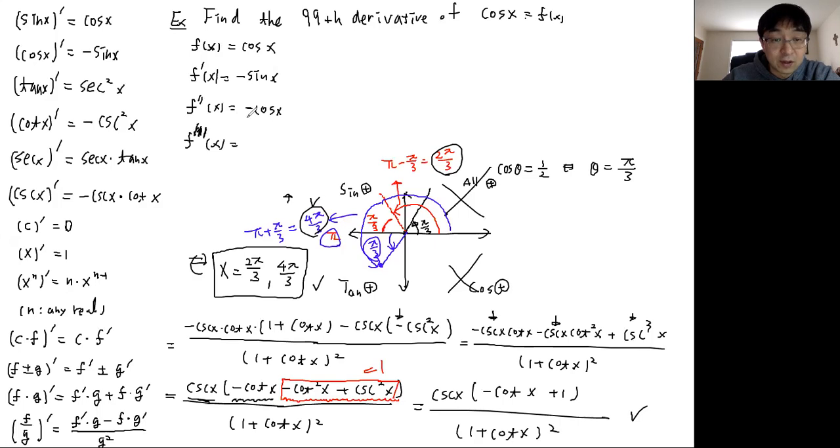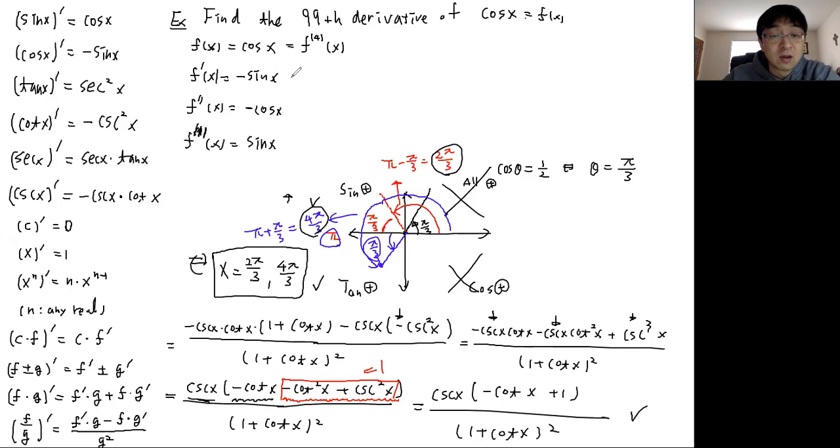You keep the negative. The cosine prime is negative sine of x. The negative 1 times negative sine is positive sine of x. Next, the fourth derivative is sine of x prime, and the sine of x prime is cosine of x.